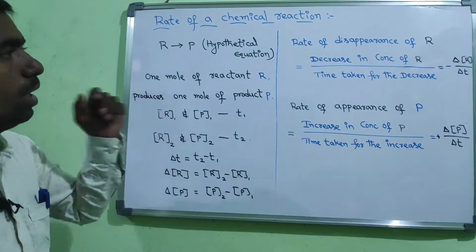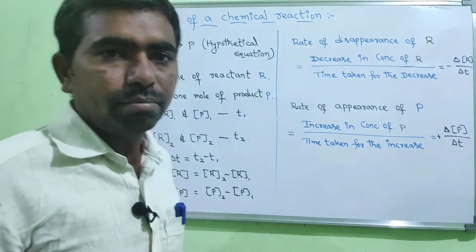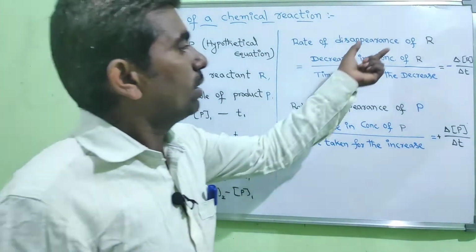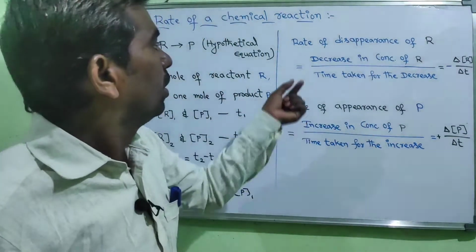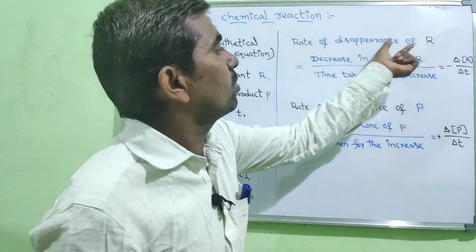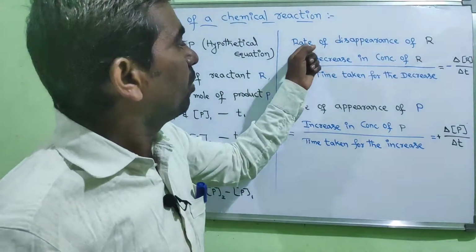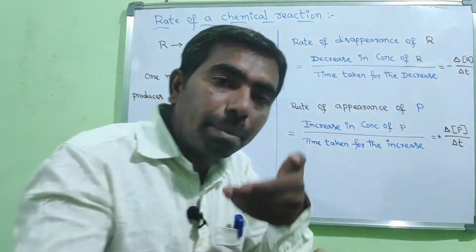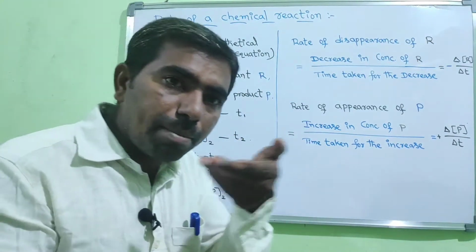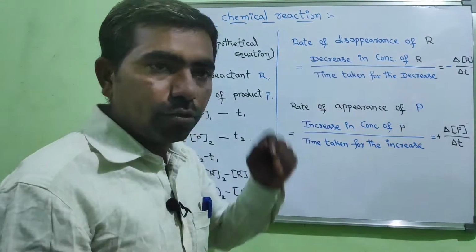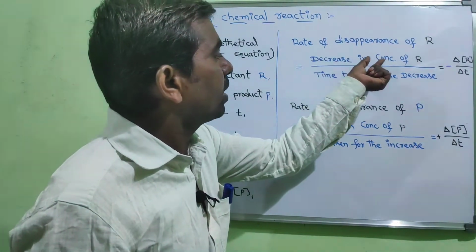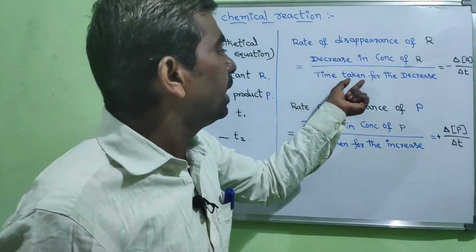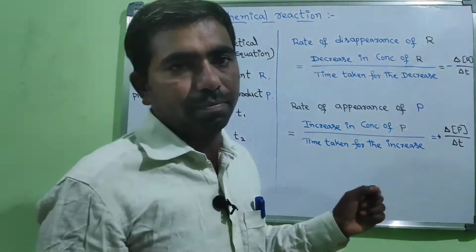Now I am expressing the rate of a chemical reaction in this way. Rate of disappearance of R, that means R is disappearing as the time changes, equals decrease in concentration of R divided by time taken for the decrease.